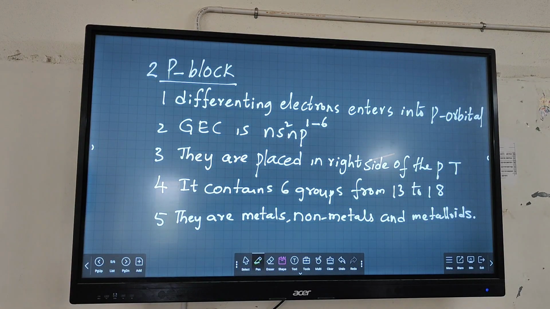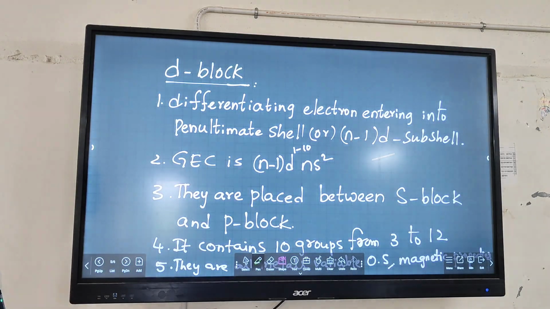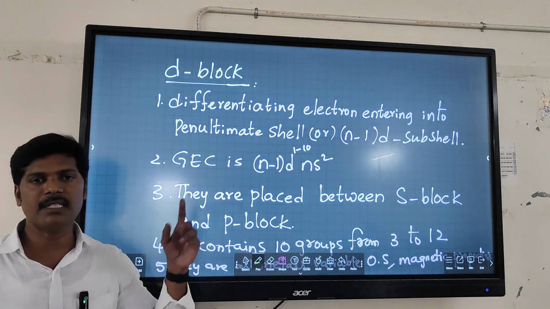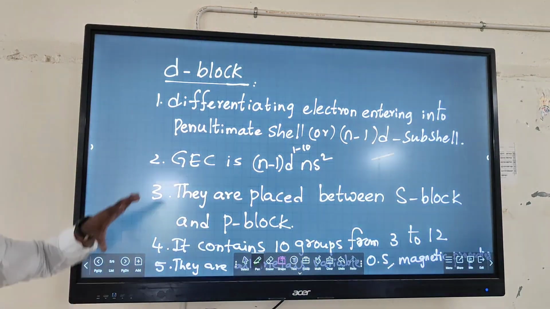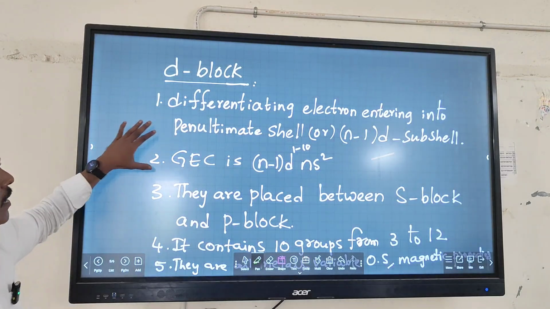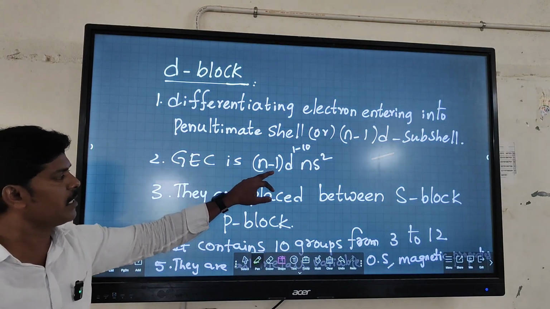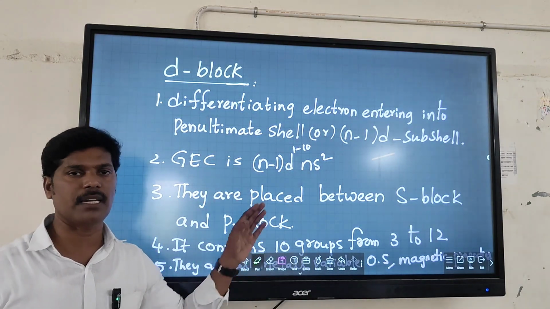Let me explain the next block, D block. The differentiating electron enters into the penultimate shell, or the (n-1)d subshell. That's why these elements belong to D block. The general electronic configuration for D block is (n-1)d1 to 10 ns2. Not 1 minus 10, it is 1 to 10, ns2.